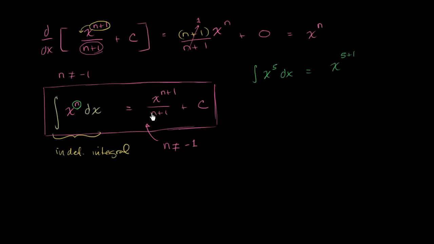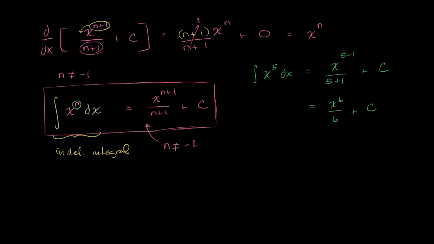Whatever the exponent was, when you increment it by 1, we divide by that same value, divided by 5 plus 1. And of course, we want to encapsulate all of the possible antiderivatives, so you put the c right over there. So this is going to be equal to x to the 6th over 6 plus c. And you can verify. Take the derivative of this using the power rule. You indeed get x to the 5th.